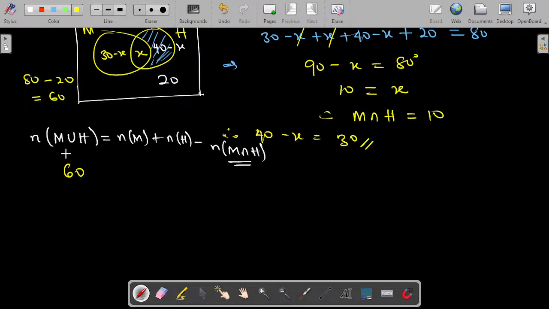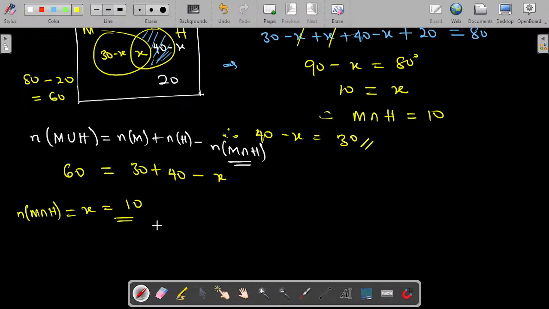Therefore, the union of the two of them will contain 60 students, and that's equal to the number of M, which we said was 30, and the number of H, which is 40, minus the intersection, which I called X. So if you take this X to this side, you still get that X is 70 minus 60, which will still give you 10. So our intersection of M and H will still be equal to 10.